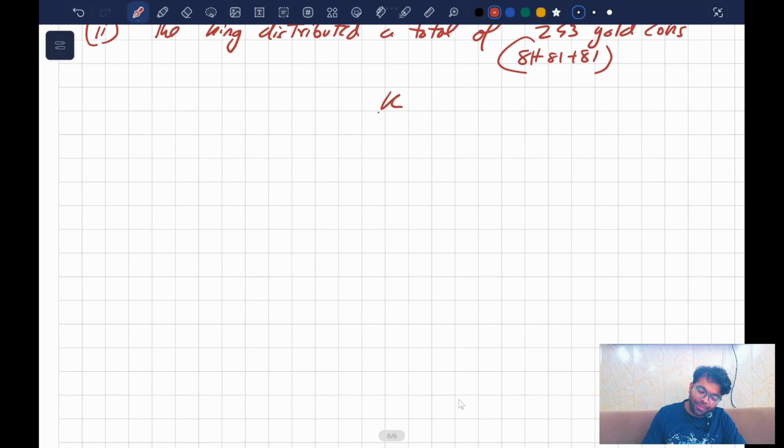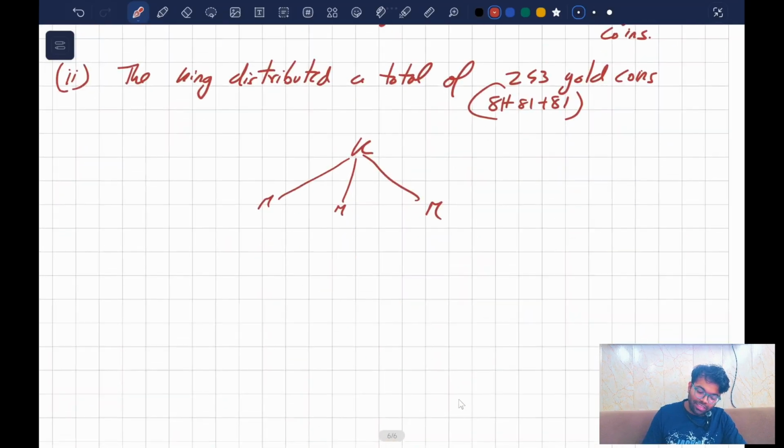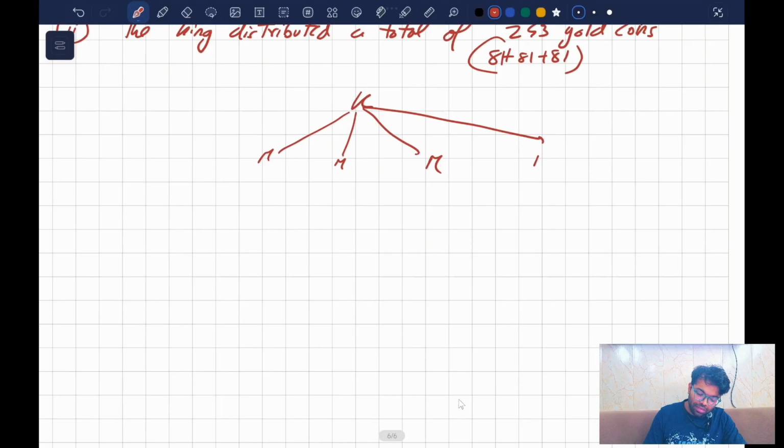सो तुम्हारे पास क्या है? मिनिस्टर, मिनिस्टर, मिनिस्टर. एवरी सिंगल मिनिस्टर इज रिसीविंग हाउ मेनी चेस्ट? 3 चेस्ट. एक और मिनिस्टर आ गया तुम्हारे पास. सो ही इज रिसीविंग 3 चेस्ट, 3 चेस्ट, 3 चेस्ट, 3 चेस्ट. और हर एक चेस्ट के अंदर कितने बॉक्सेस है? 3 boxes.